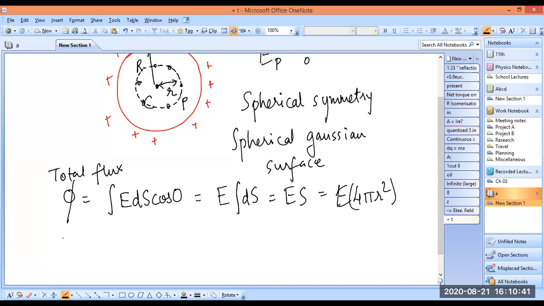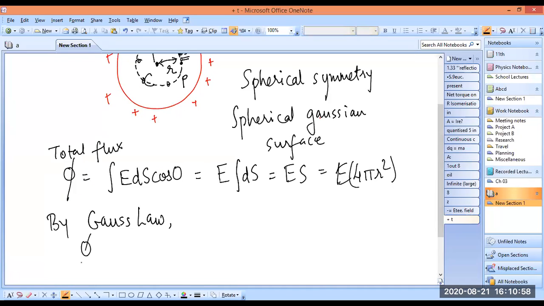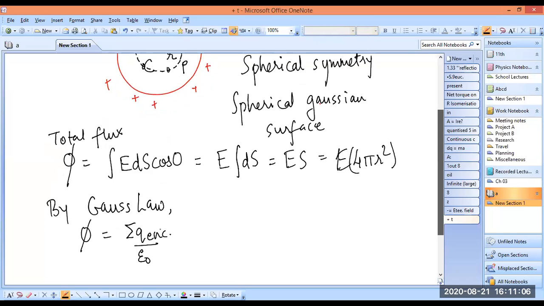Now by Gauss law, let's use the Gauss law for this Gaussian surface. Remember, this is the Gaussian surface here, right? So first thing, to use the Gauss law, obviously we need to write the formula. Sigma q enclosed divided by epsilon 0 is the flux. Now, how much charge is enclosed?